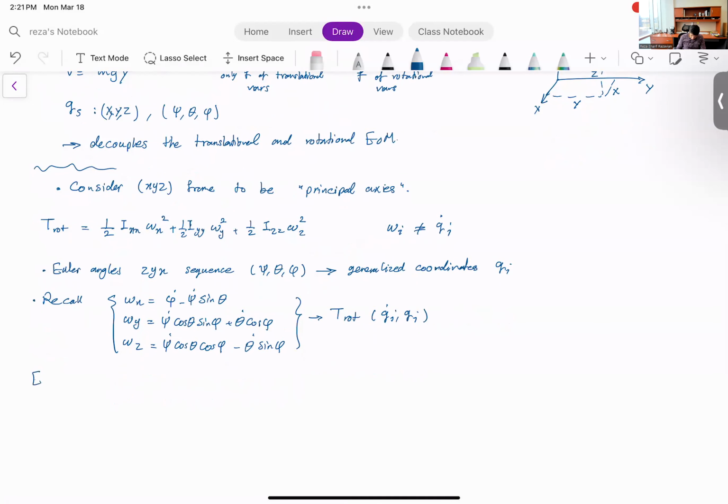For instance, the equation of motion for psi, the first one, is d over dt of partial L partial psi dot minus partial L partial psi equals Q, or Q sub psi.